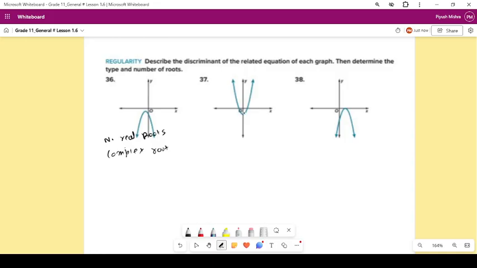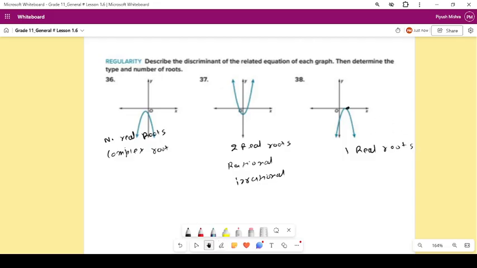Here it is cutting at 2 points, so you will say 2 real roots. It may be rational or it may be irrational. And the last one, it is touching at one point. So if one point is there, it means perfect square, it means one real root.